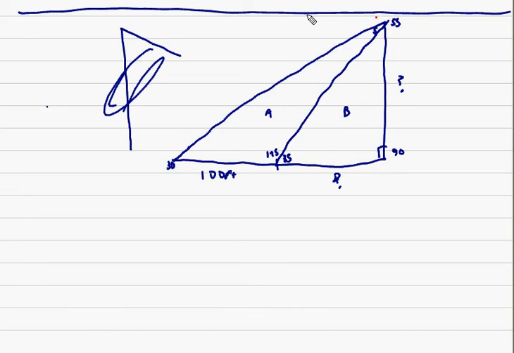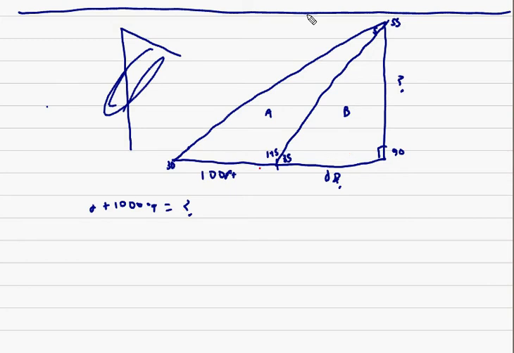What we need to figure out as a whole is the distance right here, which is D. So what we want to figure out is the distance plus 1,000 feet equals something we're not sure of.